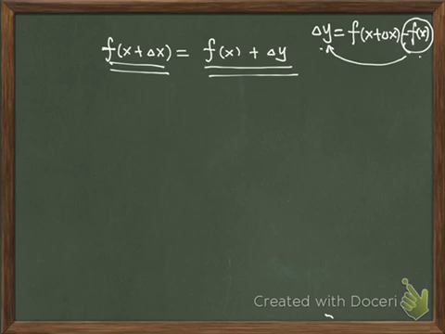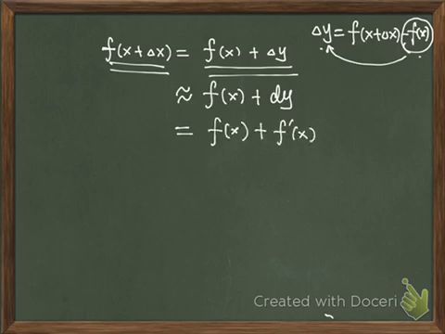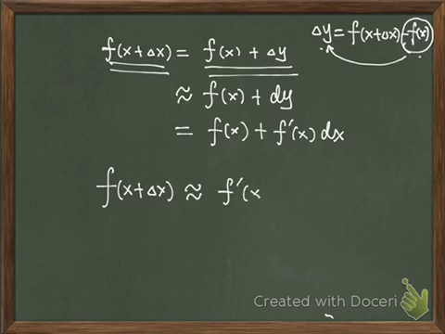Remember we said if delta x is a small amount, this is going to be approximately equal to f of x plus dy, which is the differential of y, by definition f prime of x times dx. Therefore, as a formula we have f of x plus delta x is approximately f of x plus f prime of x times dx, by setting dx, the differential, equal to delta x.